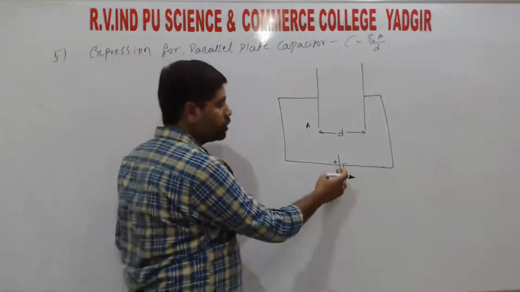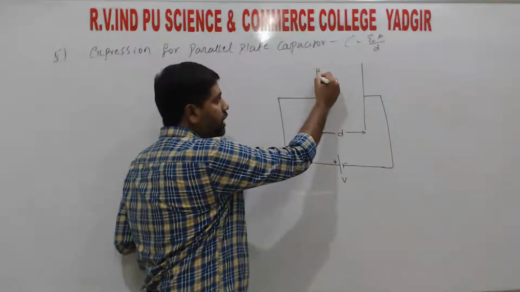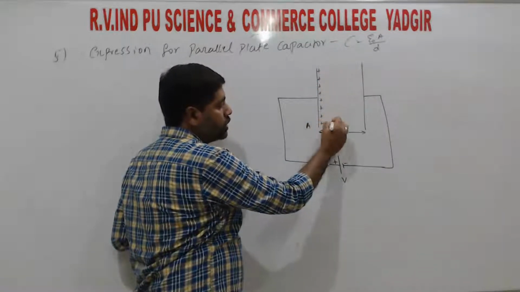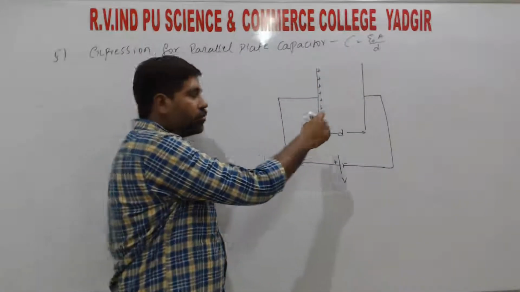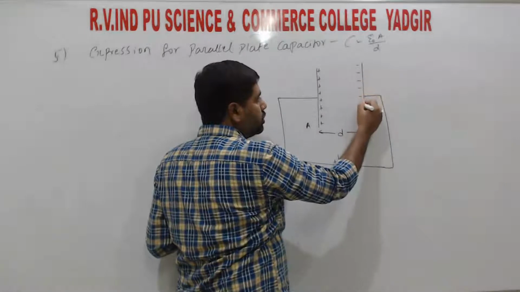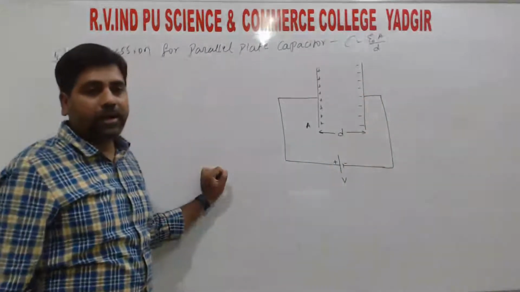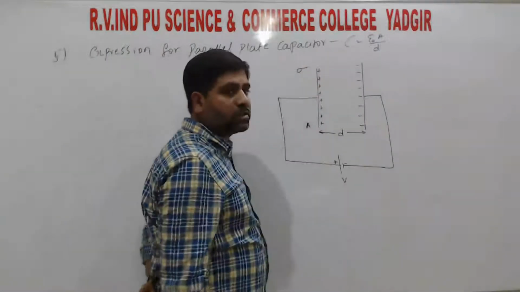Since the sign here is positive, positive charges will flow. Hence the first conductor gets positively charged, right? Whatever charges are stored, the same amount of negative charges will be stored on the second conductor, right?